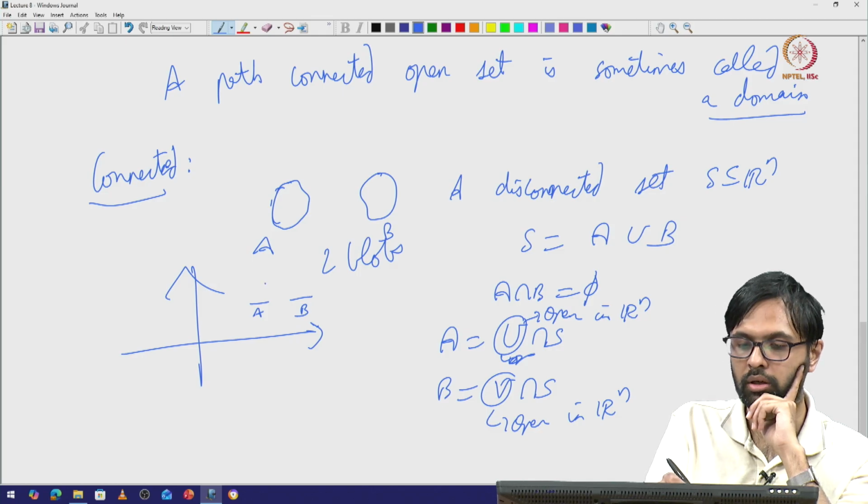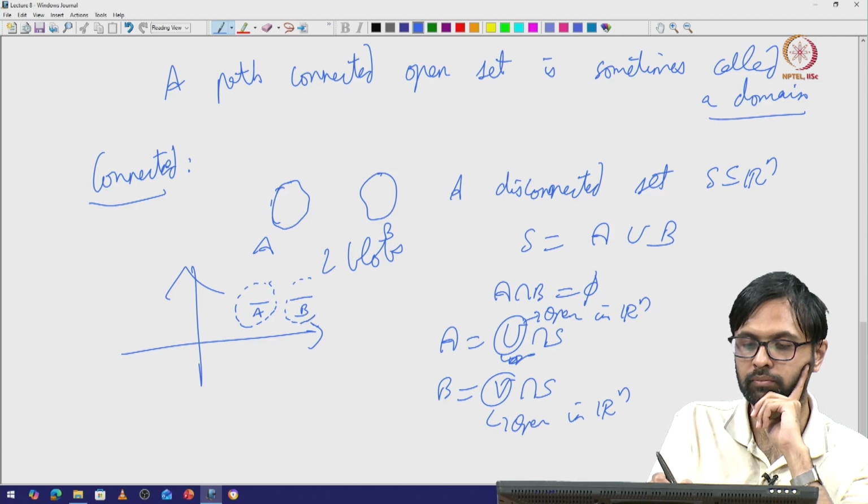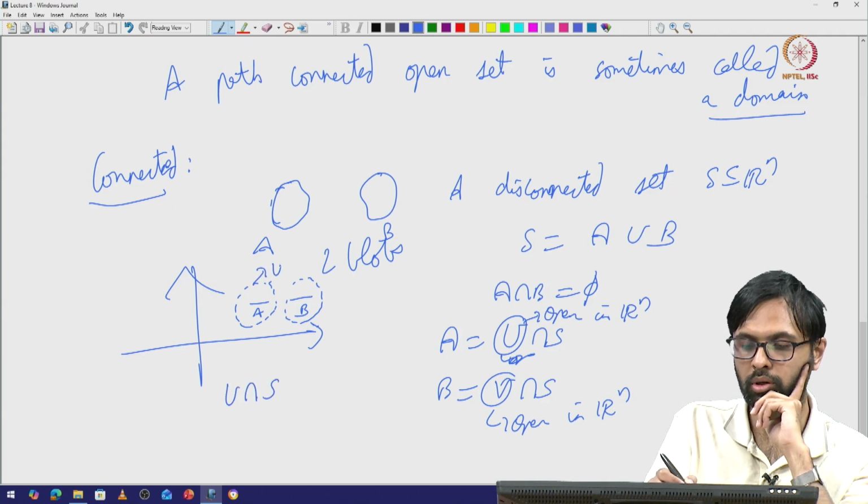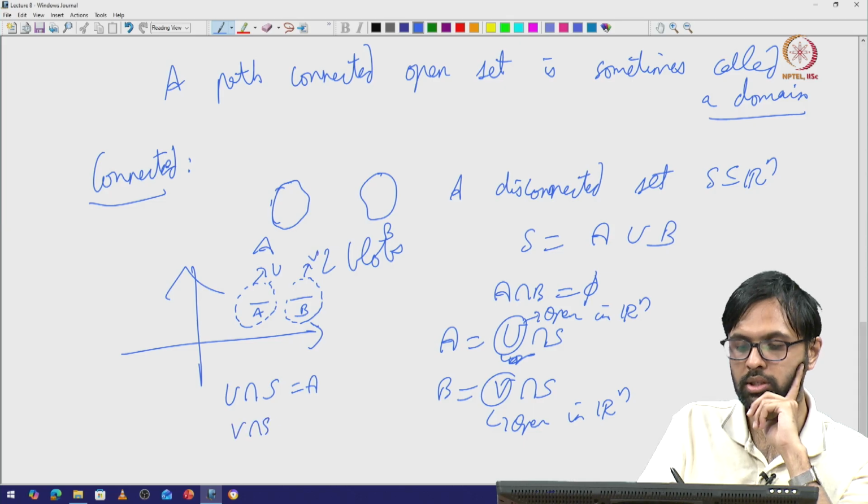And if I take two small open balls, I take an open set in R^n and intersect it with S, this is U intersect S is A, this is V intersect S is B, right?